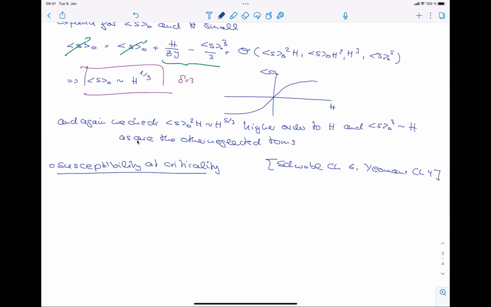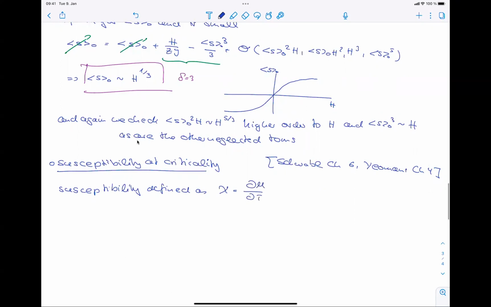So the susceptibility is defined as the derivative of the magnetization with respect to the applied field at constant temperature, which in our case means the magnetization is the average spin, dH.